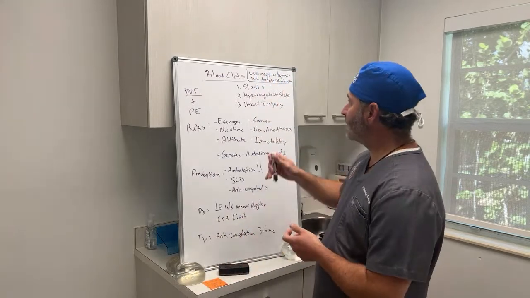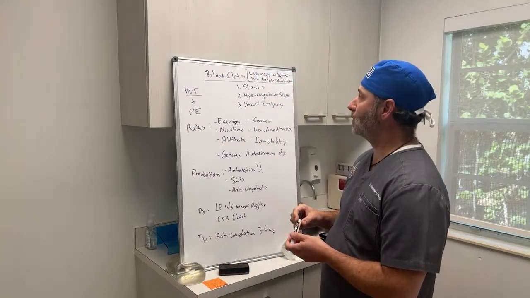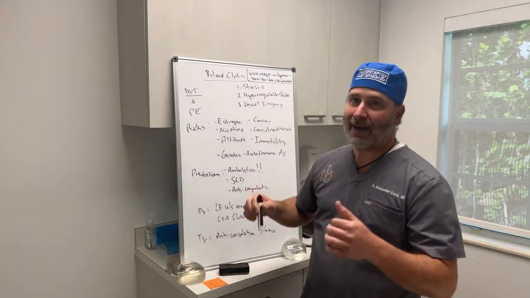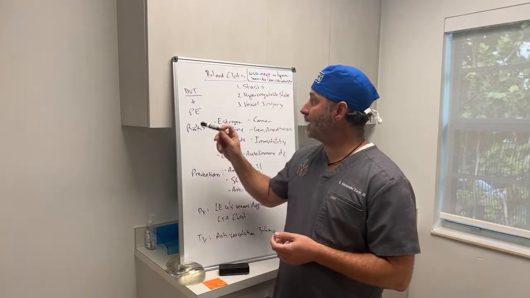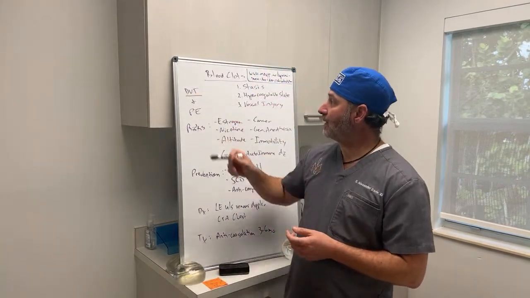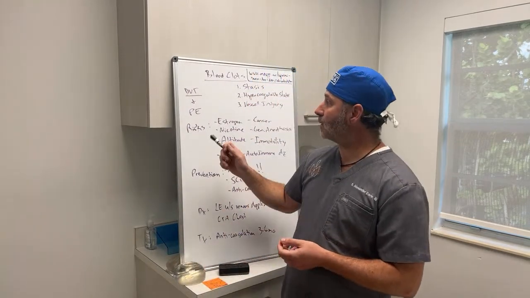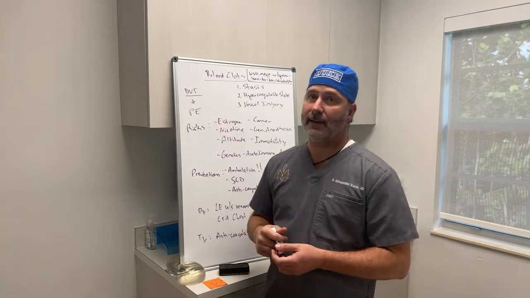So these are the three main categories. When you have one or two or three of these, the propensity to clot is higher. That can certainly lead to a DVT, and if that dislodges, it can lead to a pulmonary embolism, though it is possible to have a PE without a DVT.